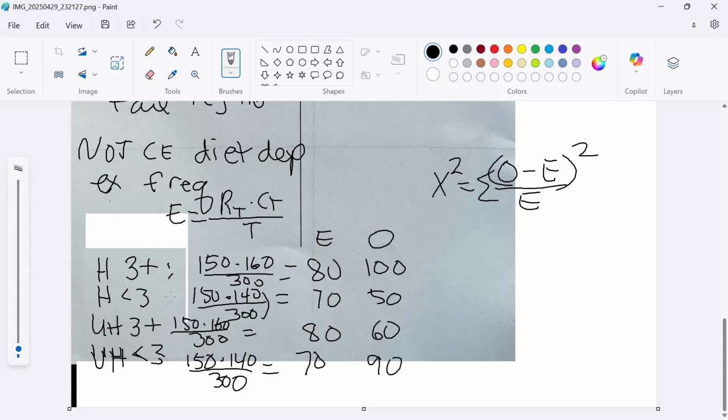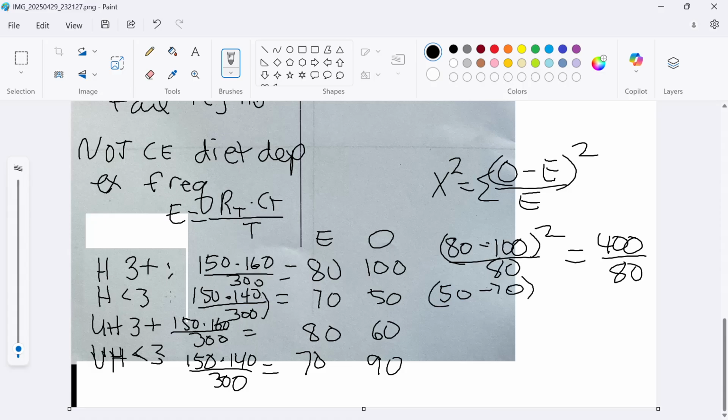Okay, so now I can calculate the chi-squared. This is 80 minus 100 squared divided by 80, which is 20 squared is 400 divided by 80. This one is going to be 50 minus 70 squared, divided by the expected, which is 70, which is 400 over 70.